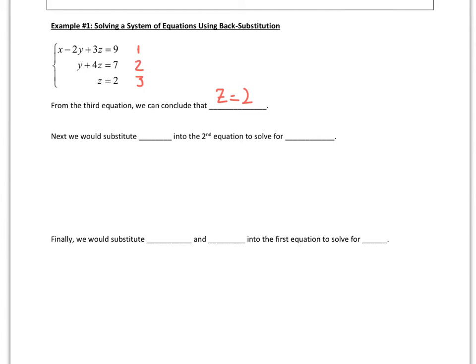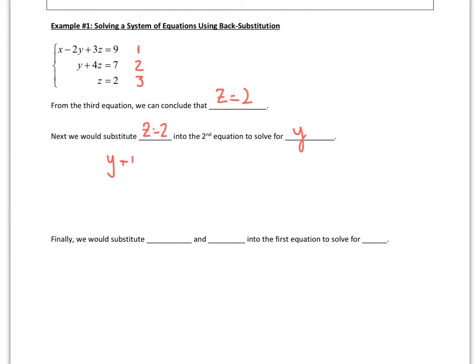And next, what we would do to find the y value is that we would take this z value of 2, plug it in here, and then we would get y. So we can substitute our z value of 2 into the second equation, and we can solve for y.